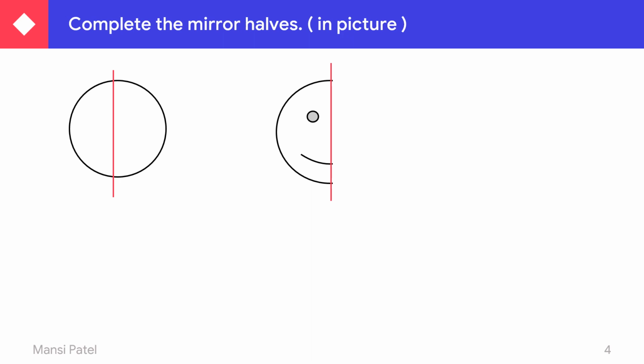First you complete this big portion and then the small portion, so it looks like a smiley. You can see here both sides of this image are equal, the left hand side as well as the right hand side. You get the same image as our original.